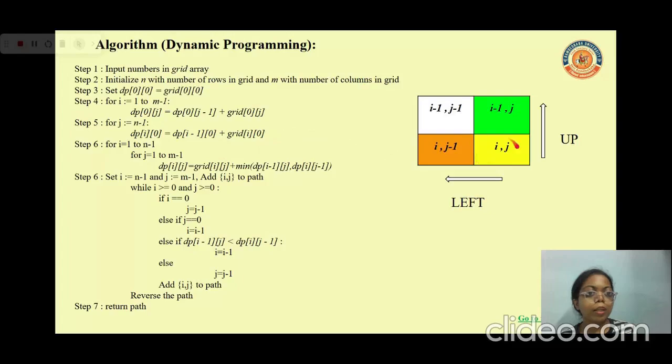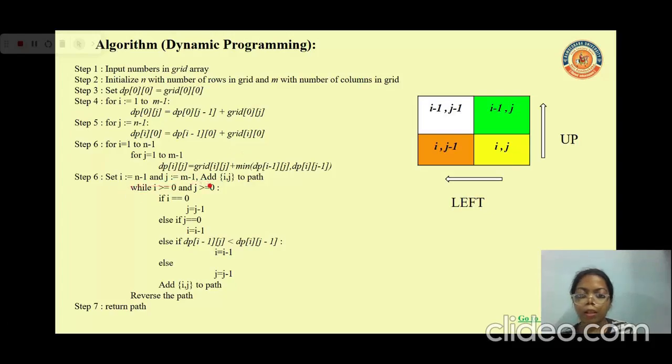Meaning, if I need to reach this cell, I must either come from this green cell or from the orange cell. So I will add the cost at either the orange cell or the green cell to the value at this yellow cell to get the cost required to travel to i comma j. This is the logic.